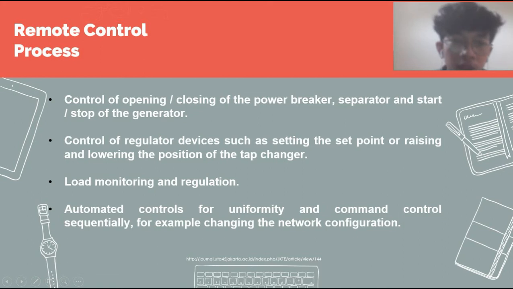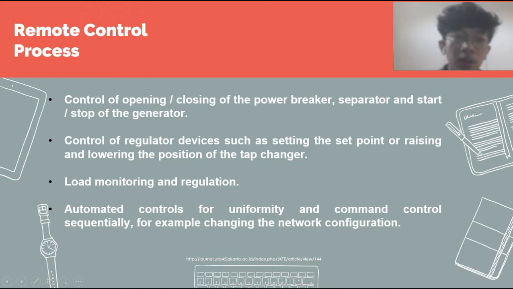In general, the control process in the remote electric power system consists of four kinds, namely: first, control of opening and closing of the power breaker, separator, and start-stop of the generator.